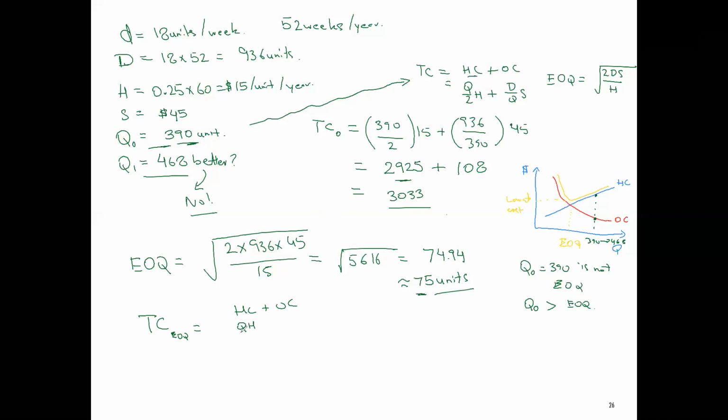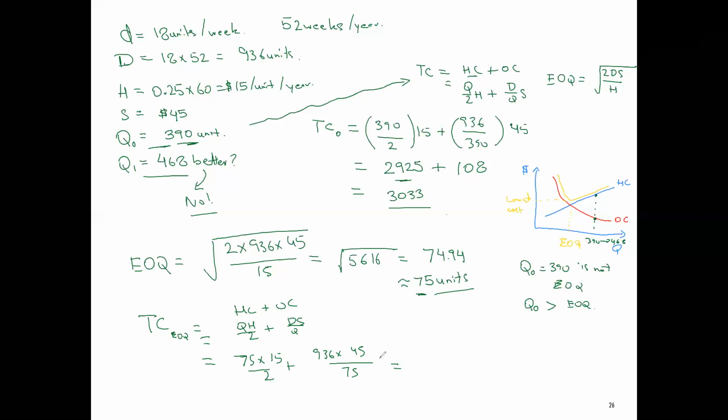Holding cost is Q by 2 times H. Ordering cost is D by Q times S. So I'm just going to enter the values. So Q is now 75. 75 times my holding cost of 15 divided by 2 plus D, which is 936, times S, which is 45, divided by Q, which is 75. Let's just calculate it.